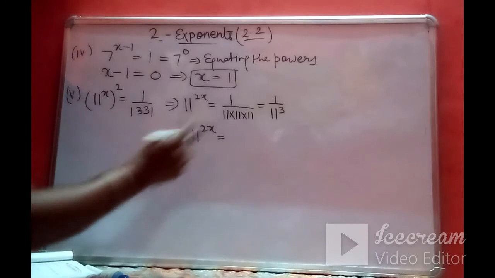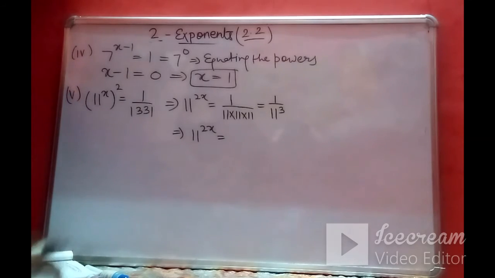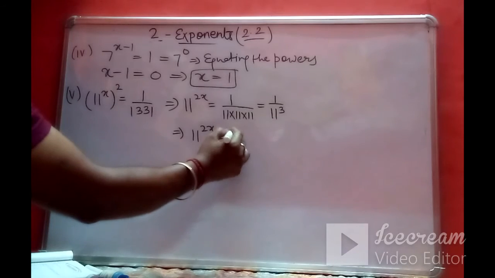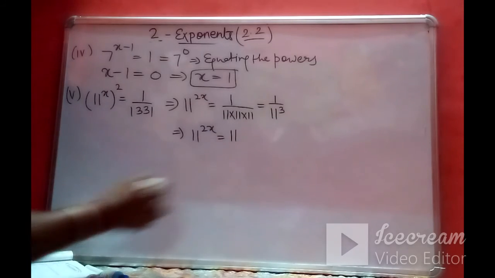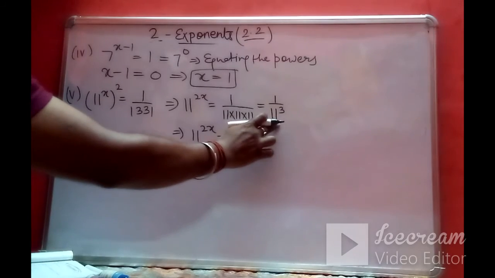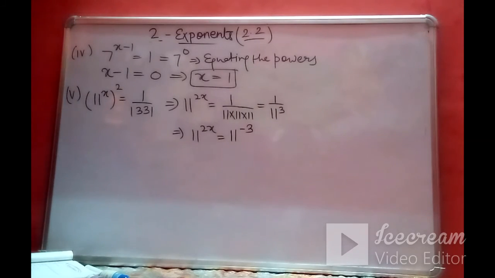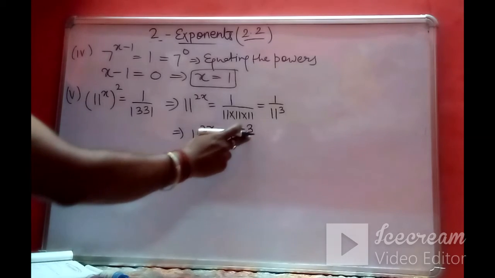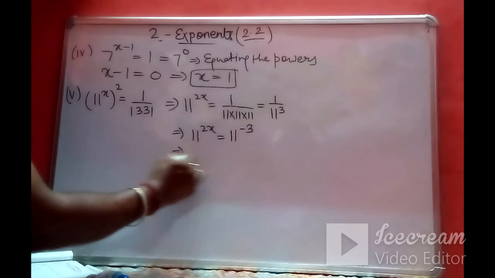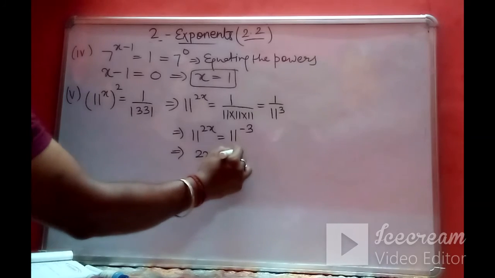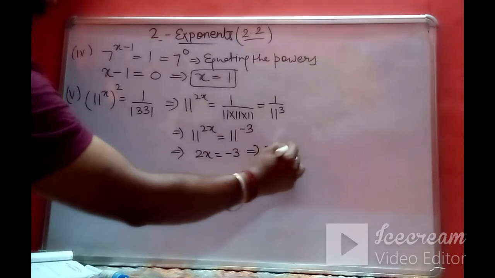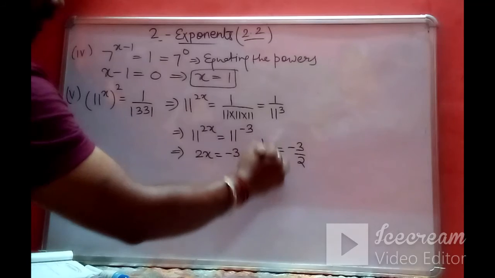Since we want the base 11, and here the base is 1 upon 11, I will bring this 11 into the numerator, and when I bring the 11 into the numerator, this 3 becomes minus 3. We know that whenever there is a reciprocal, the sign of the exponent always changes. So now we can say that 2x equal to minus 3 and x equal to minus 3 by 2.